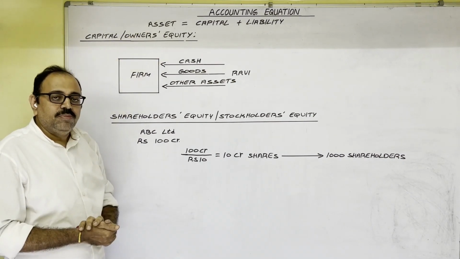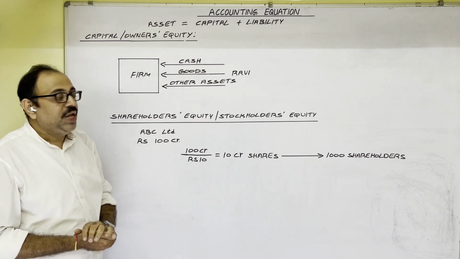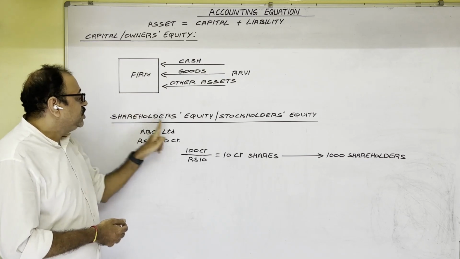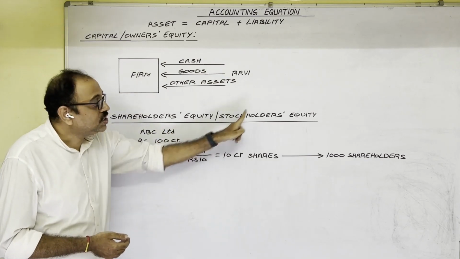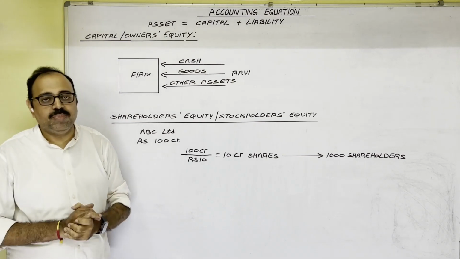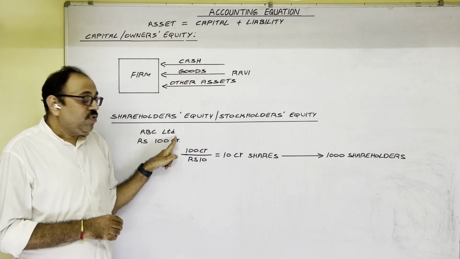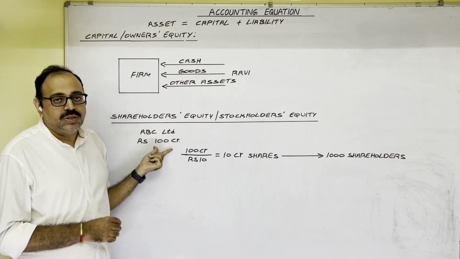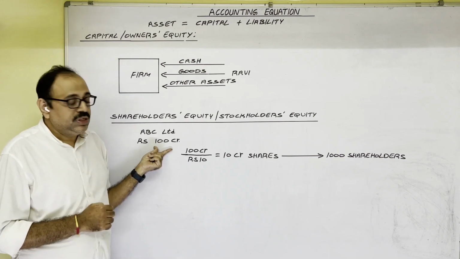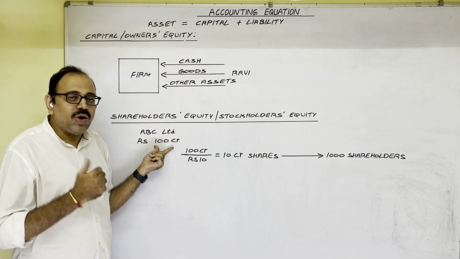But in case of companies, public limited companies, instead of using the word owner's equity, we can use shareholders equity or stockholders equity. Suppose take one limited company, ABC Limited. They want capital of 100 crores. Joint stock company, no? So they need a huge amount. So 100 crore, one member, two members cannot invest.